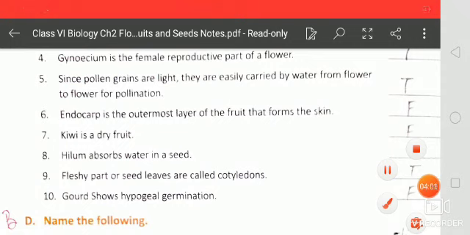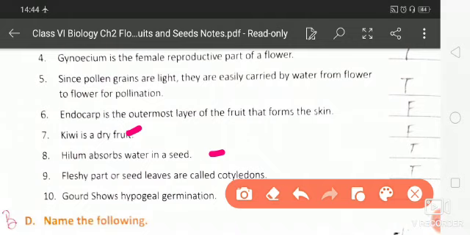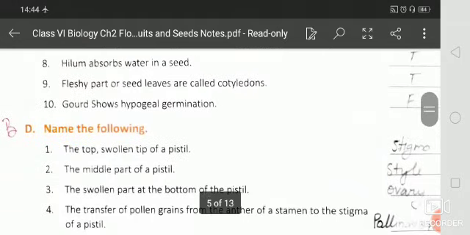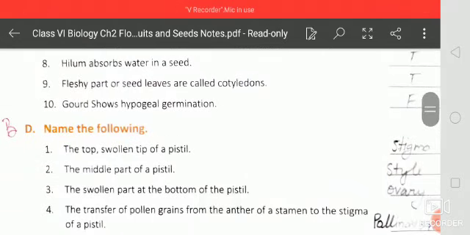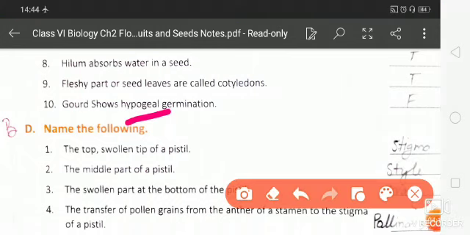Kiwi is a dry fruit, it is false. Hilum absorbs water, it is true. The fleshy seed leaves are called cotyledons, it is also true. Gourd shows hypogeal germination, it is false, because it shows epigeal germination.